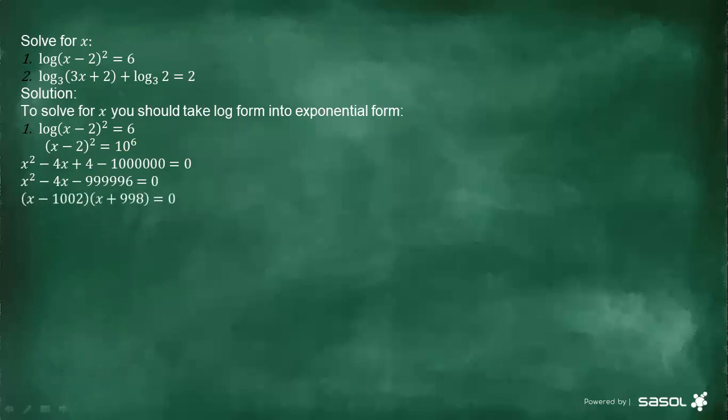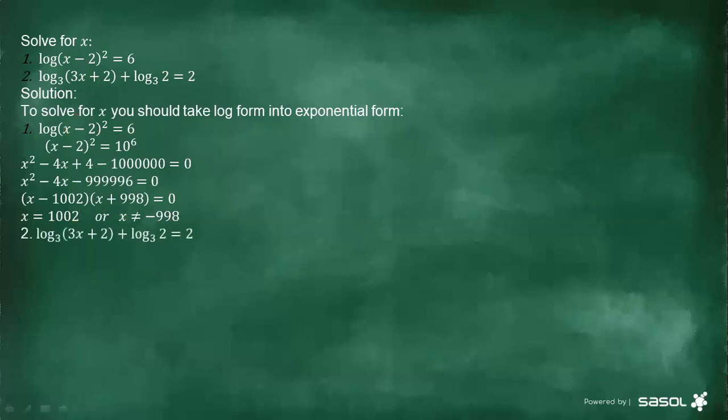These are the factors, and then x equals 1002, or x equals negative 998. But if you substitute this value where you see x, it's not going to be equal to 6. It's only 1002 that is going to be equal to 6.